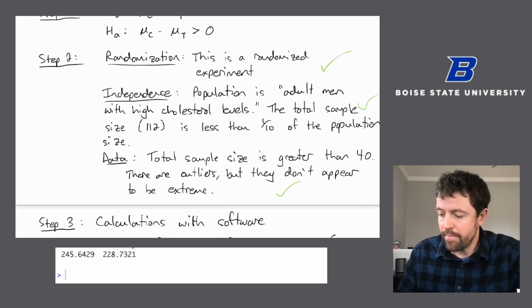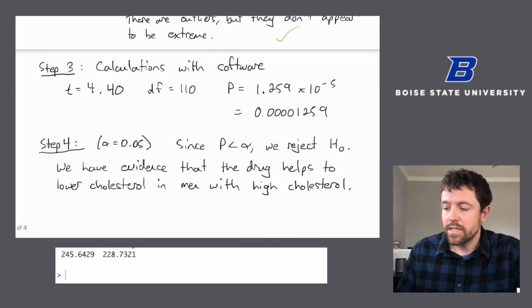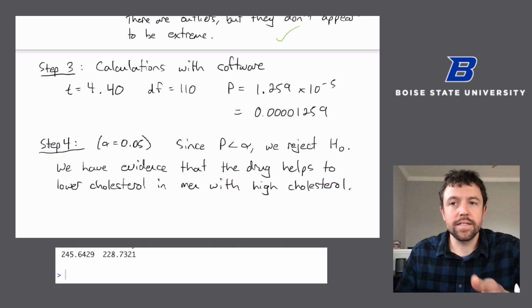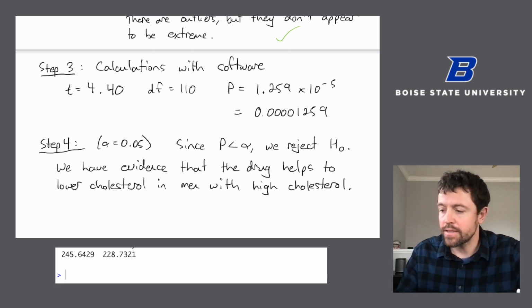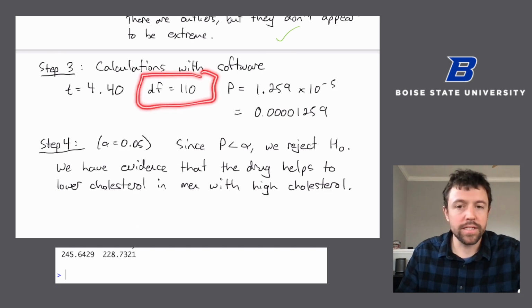It's not different. Software calculations, one of the big things I pointed out that I think is worth remembering, you want to make sure that you didn't get the wrong output, right? If you get a red error message, that's annoying, but at least it doesn't tell you something that's wrong, right? But there is a risk if you type in the wrong thing, you could get the output for a paired t-test or the output for an unequal variances t-test when you wanted a pooled t-test. The degrees of freedom are a great place to check that.